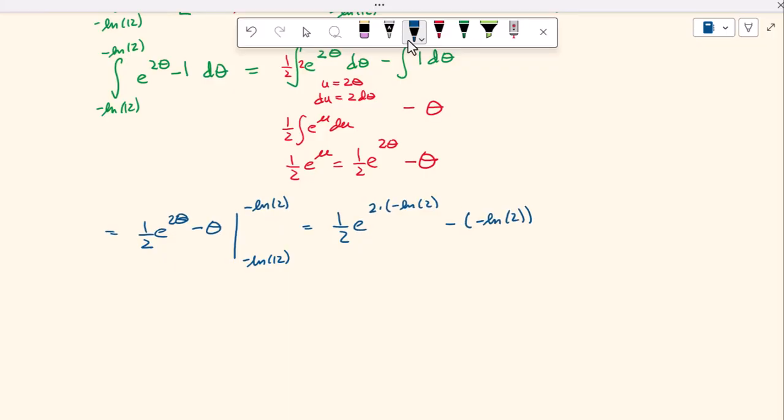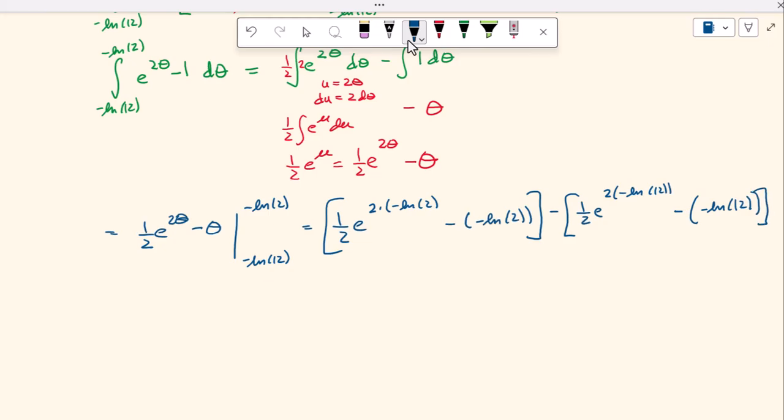So that's my upper. I want to make sure I get brackets and parentheses in the right spots. And then my lower is going to be 1/2 e to the 2 times negative natural log of 12 minus a negative natural log of 12.